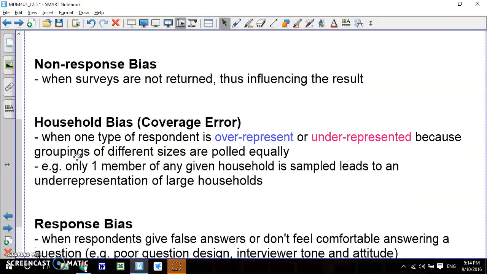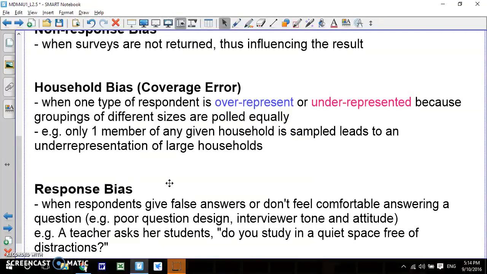And then thirdly, we have household bias. This is also known as coverage error, because household bias is when one type of respondent is overrepresented or underrepresented because groupings of different sizes are polled equally. A classic example would be if you want to conduct a survey about people in a town, and only one person of any given household is sampled. But if you think carefully about this, not every single household has 2 people or the same number of people living in it.